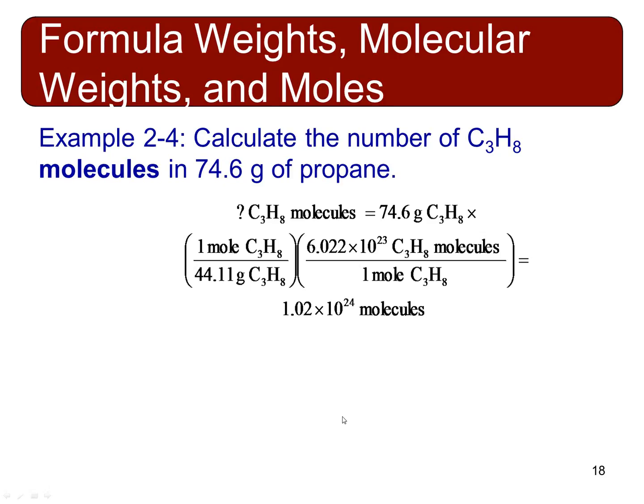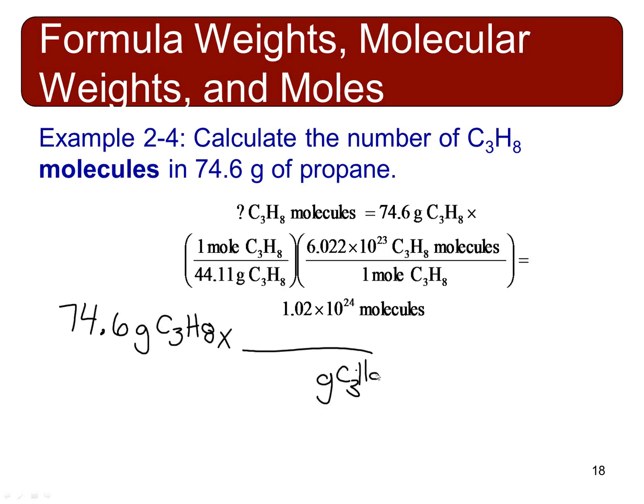As always, the first thing we're going to do is write out what we know and go ahead and put our units here. Keyword here in bold: if we see the words molecule, atoms, particles, we automatically want to think of Avogadro's number.